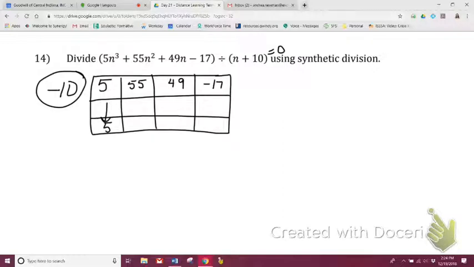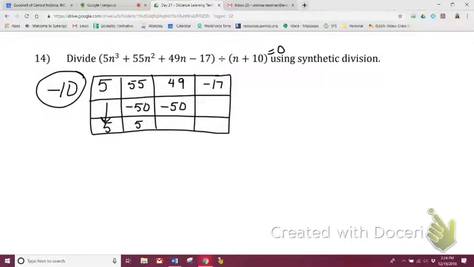Then you're going to multiply. 5 times negative 10 is negative 50. That goes in the first available middle box. Then what do we do? 55 minus 50 gives you 5. Repeat. Multiply 5 times negative 10, negative 50.